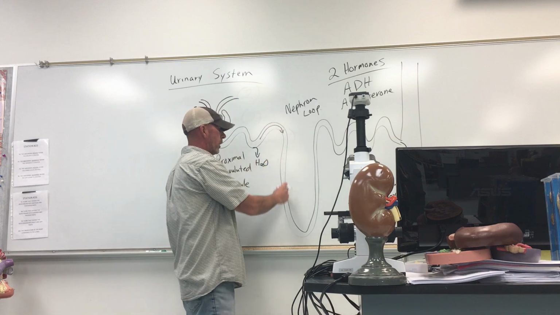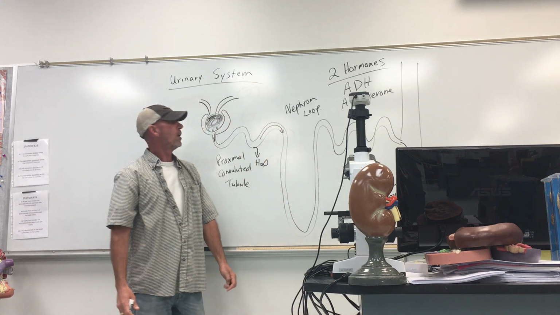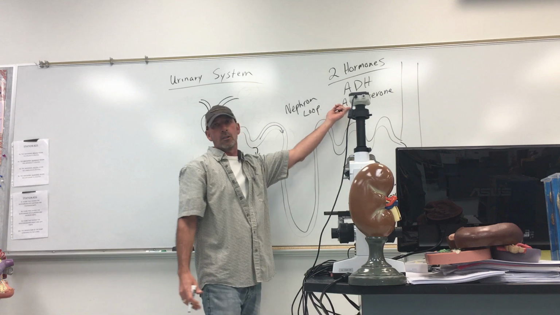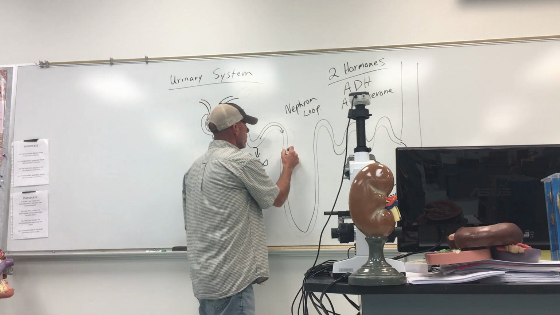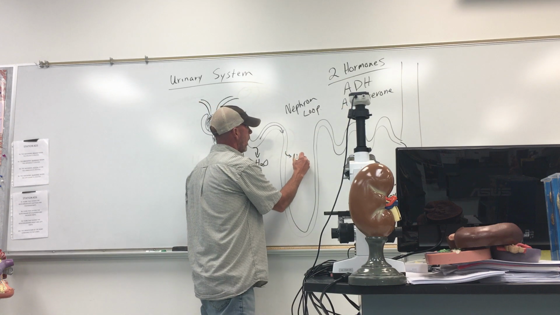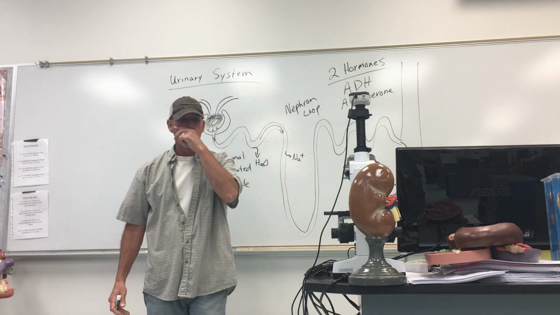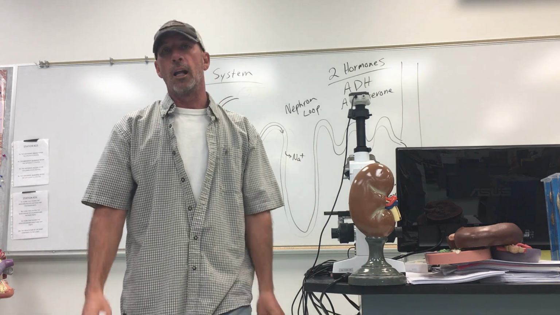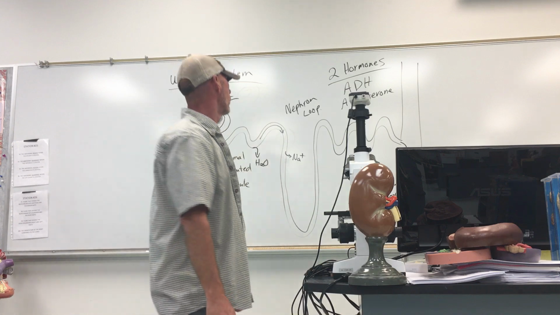Now, as that filtrate goes down the descending limb, here's where aldosterone is going to start to play an effect. So aldosterone is going to start to pull out sodium ions and other minerals or electrolytes out of the filtrate.